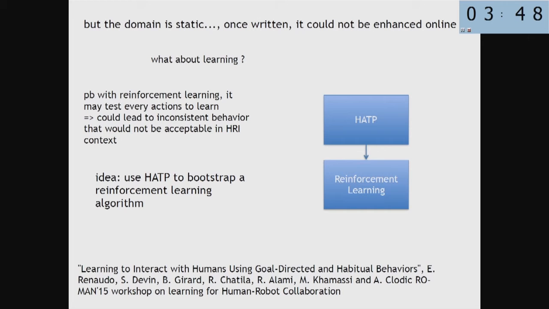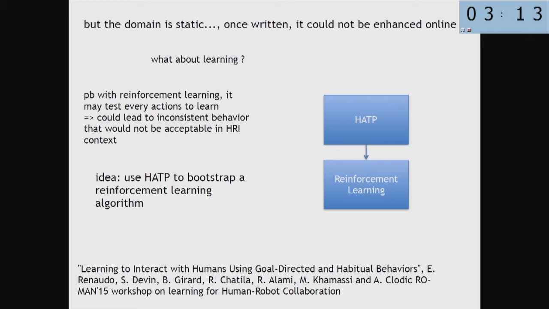So what about learning? The problem with reinforcement learning, I would say, in human-robot interaction is that for reinforcement learning, you must test every action to learn. But in fact, it could lead to inconsistent behavior that would not be acceptable in a natural context. Because if you are doing every action in any order, it could lead to inconsistent behavior, and the man in front of you won't react in the right way also, so you won't learn anything.